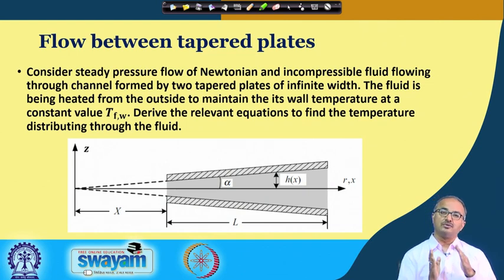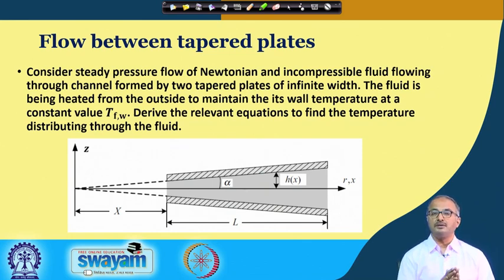In that case also you have the flow going through these tapered surfaces. Okay. So, this particular problem has been taken to figure out how we are going to model the particular process, if the process involves some kind of heat transfer or mass transfer.